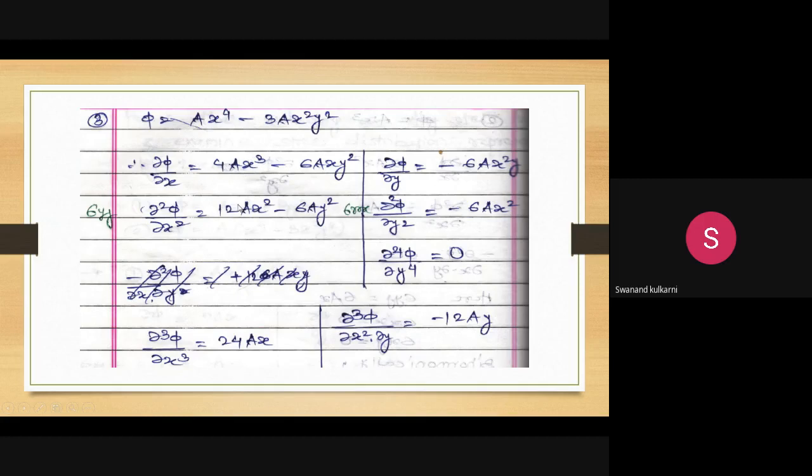For the second term, 6a and y square are considered constant because we are differentiating with respect to x. Only the variable term is x. This is a partial differentiation, so only the constant 6ay square remains, and x raised to 1 becomes x raised to 0, which is equal to 1.